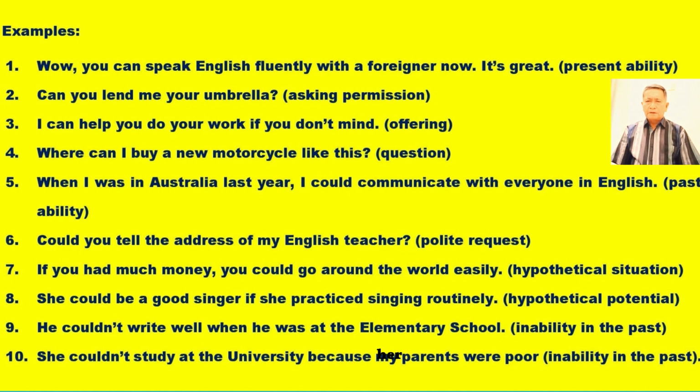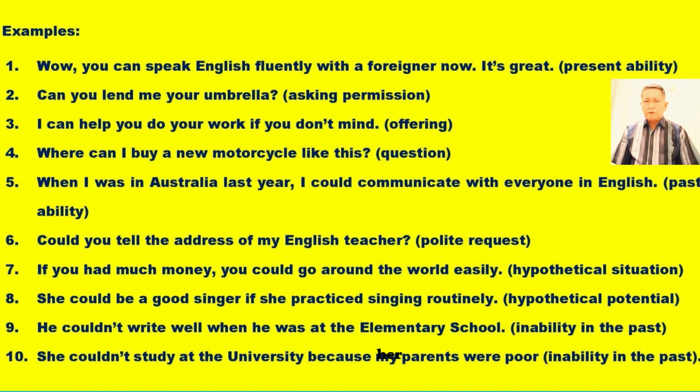Five, when I was in Australia last year, I could communicate with everyone in English. This is past ability. Six, could you tell the address of my English teacher? Polite request.